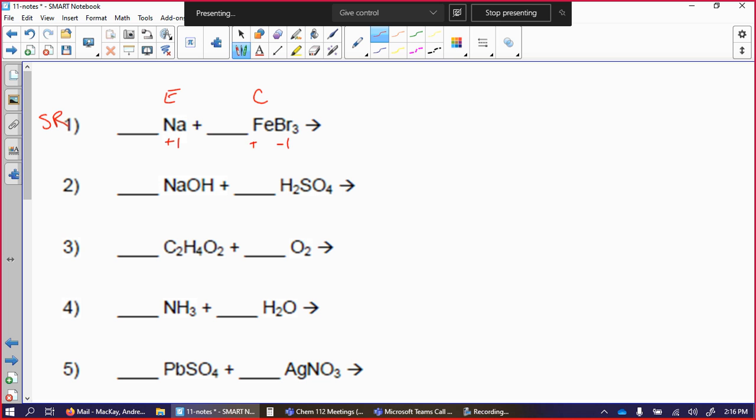There's 3 of them. That's +3. So sodium is going to make a compound with bromide. Well, +1 and -1 will form together. What's left over? Iron. We have to balance, which is fairly simple. There's 3 of these, so I need 3 of those, 3 of those.